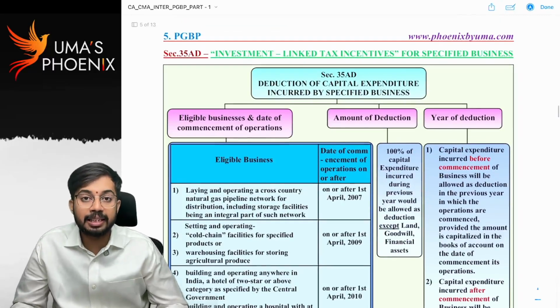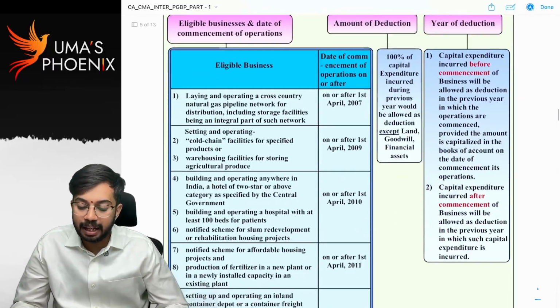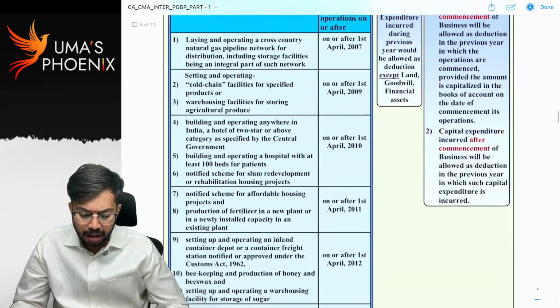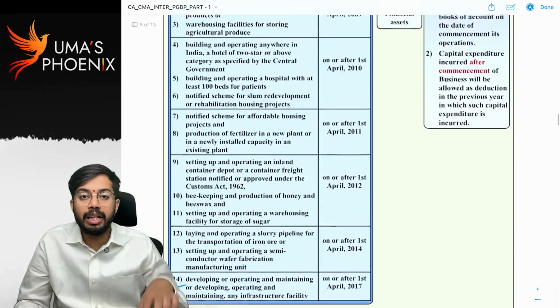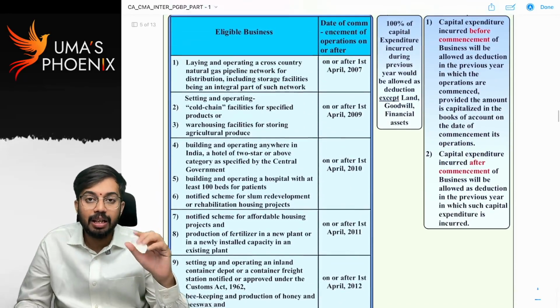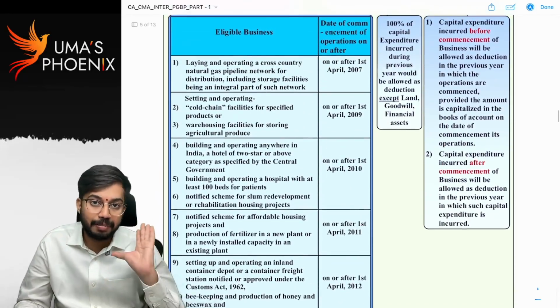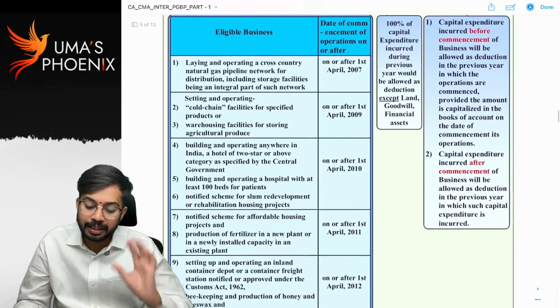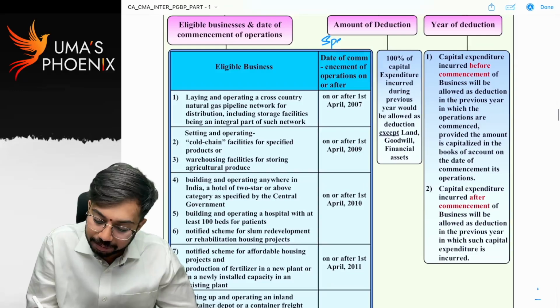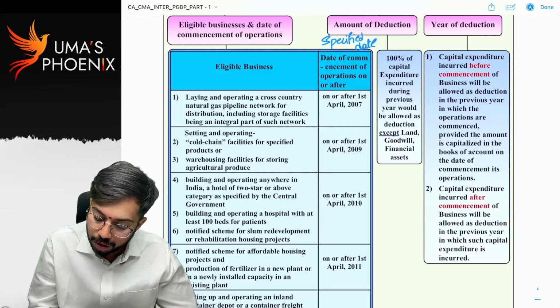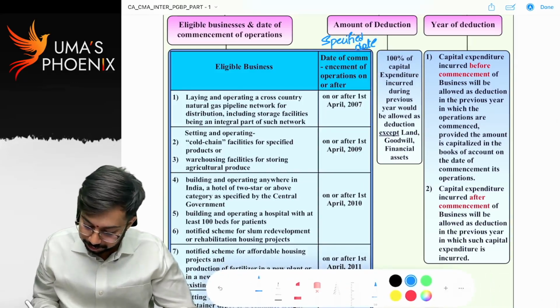Now let us discuss section 35AD, specified businesses. See, there is a list of 14 businesses here. These 14 businesses are classified as specified businesses. For these specified businesses, there is a specified date. You can see here.